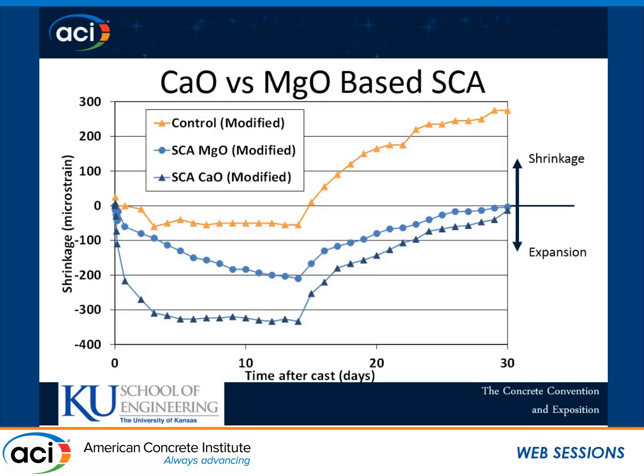We can see that the magnesium oxide-based SCA induced an expansion that is more steady over the entire curing period, represented by the blue dots. This feature can be useful in massive concrete because you can design the dosage of the SCA, or choose different types of SCA, such that the expansion can counteract the shrinkage caused by the cooling down of the massive concrete.